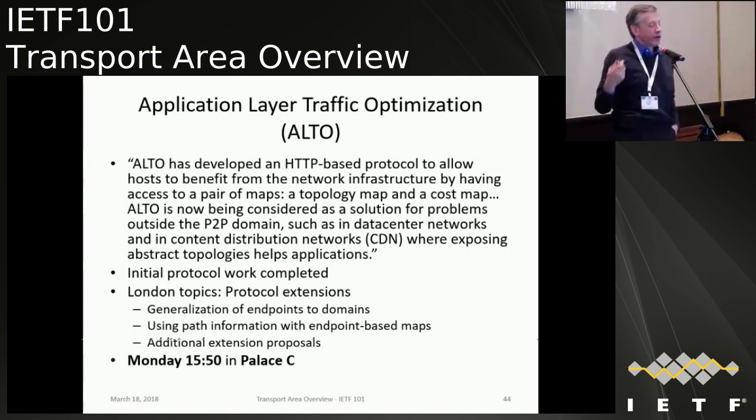The initial protocol work has been completed. The stuff works. It's being extended, generalization of endpoints to domains, adding some additional path information in addition to endpoint latency maps, and some other ways to extend it. Monday afternoon.